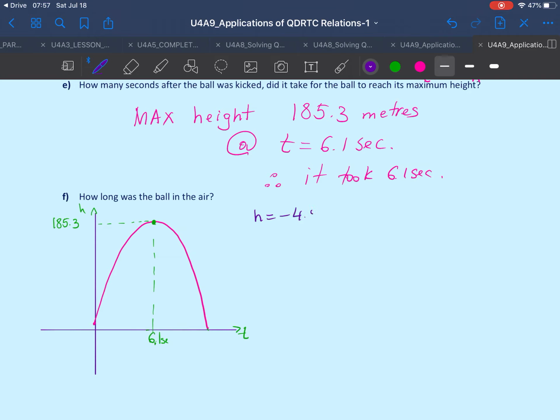So the equation, which is negative 4.9 t squared plus 60t plus 3, you see this one here is 3 meters from the moment it was thrown. So then we have to make the height equal to 0 to know after how many seconds the ball would reach right here.